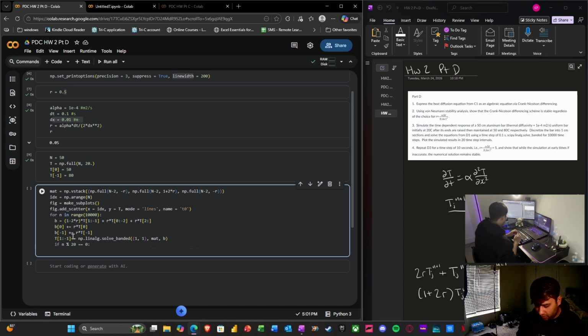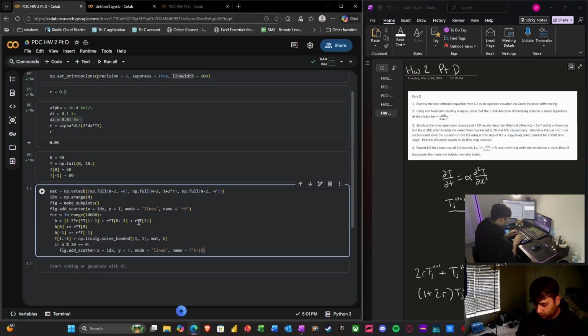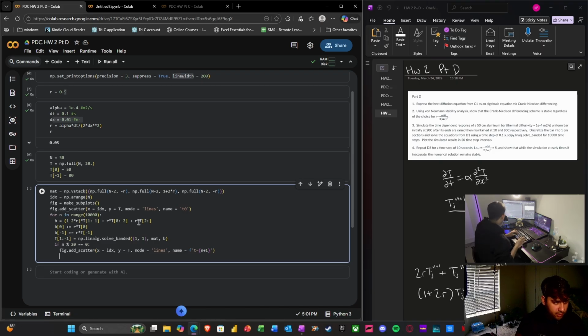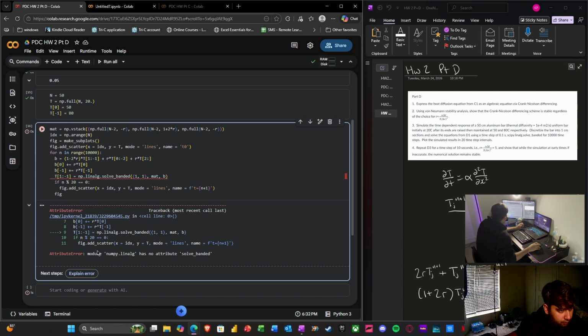Then we're going to run this fig.add_scatter, which seems like Gemini got it for the most part. A little wrong, but n plus 1. Yeah, I think that's about it. And then we're going to do our fig. I'm just going to press run all.